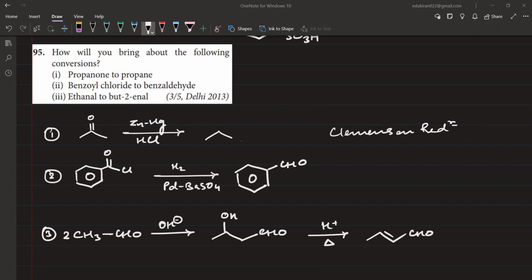No, stannous chloride is for the Stephen reaction, not Stephenson, the Stephen reaction. What is used in Etard? Chromyl chloride, CrO2Cl2. Yes, chromyl chloride, correct. Okay, please memorize the name reactions this way. This is Rosenmund.